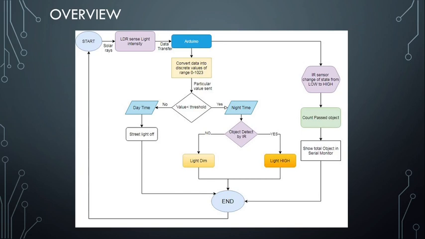In our case, we have assigned it to 1/5 of the total voltage, that is 255 by 5. Along with that, the IR sensor also counts the total number of objects and shows it in the serial monitor. Then this cycle is repeated again and again.